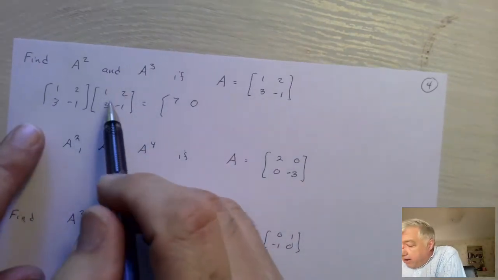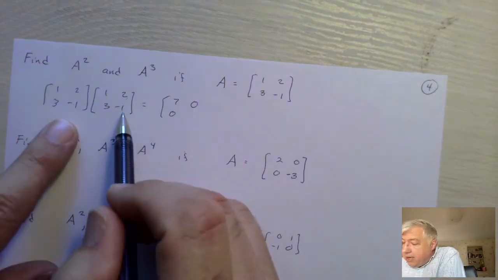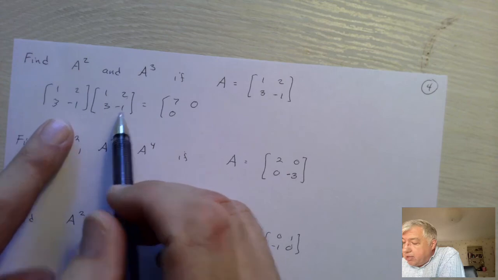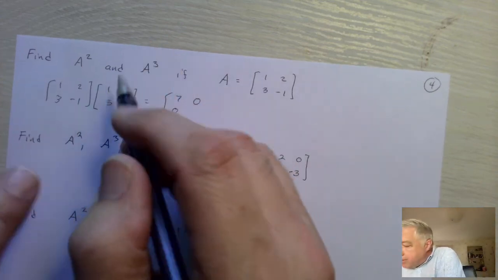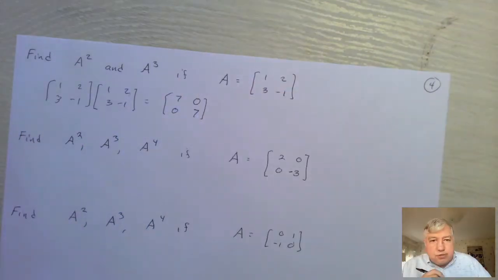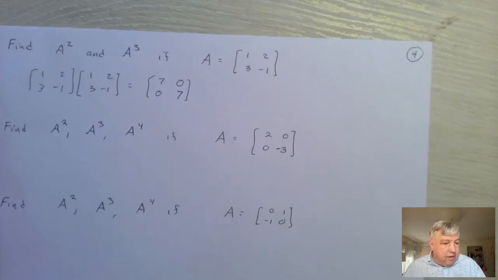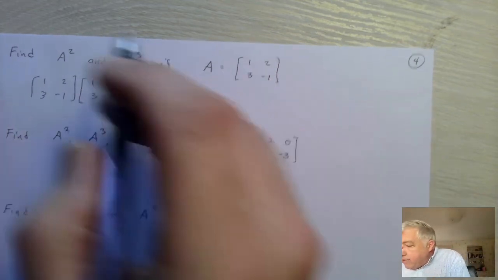And then we have 3 plus negative 3, that's 0. 6 plus 1 is, did I do this right? Yeah, 6 plus 1 is 7. So this is actually going to be 7 times the identity matrix. If I didn't do anything wrong, which I don't think I did. So that's A squared.